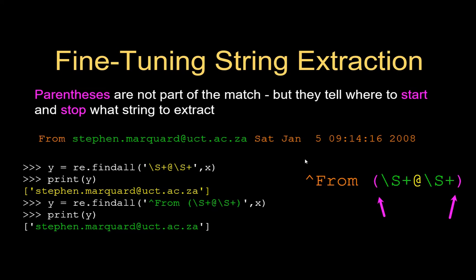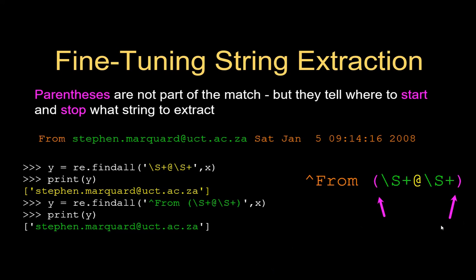So another fine-tuning technique that we use is the parentheses. The parentheses are not part of the match, but they tell Python where to start and stop the string that we want to extract.